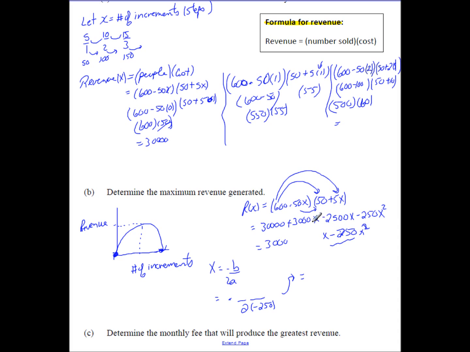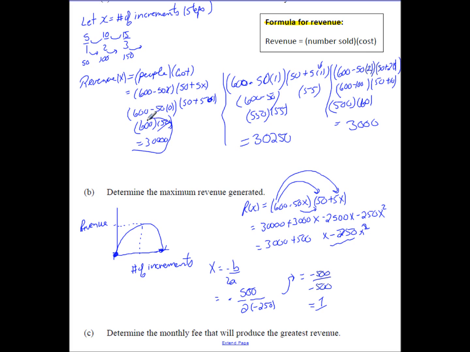So this should be 500x. So negative 500 divided by negative 500. That's 1. So you can only put it up by 1 increment.